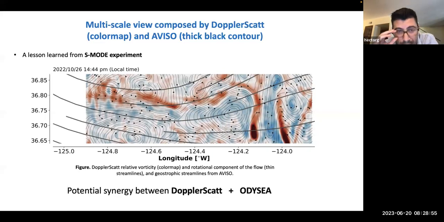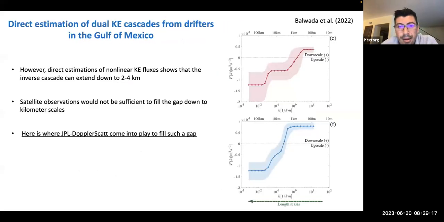And so in the future, it would be nice to have these two instruments working together to fill the gap between satellites and in-water measurements, in such a way that we can fully capture the ocean scale interactions. So this is my last slide, and that's it.